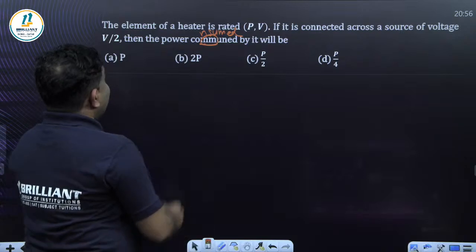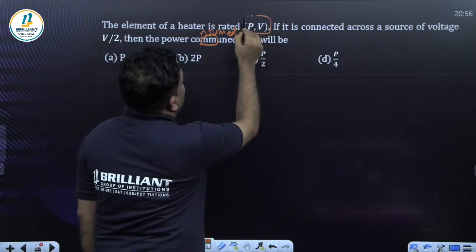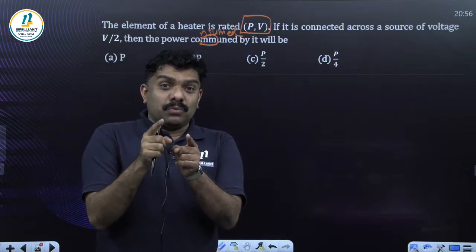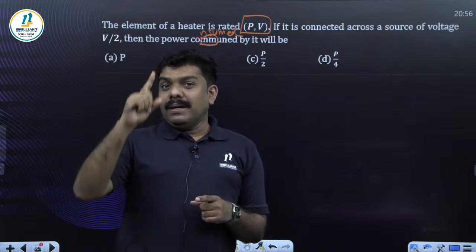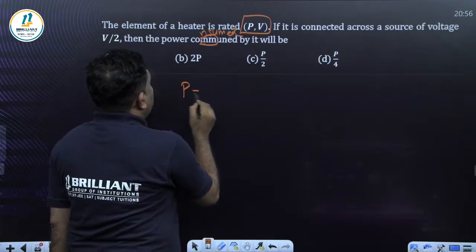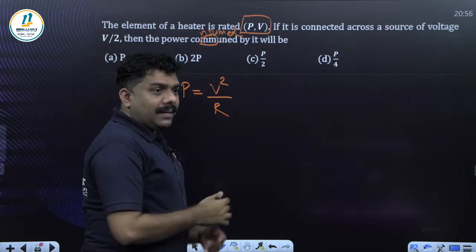The element of a heater is rated PV. What is the meaning of that? When the voltage is V, the power is P. So we have the formula P equal to V square by R.